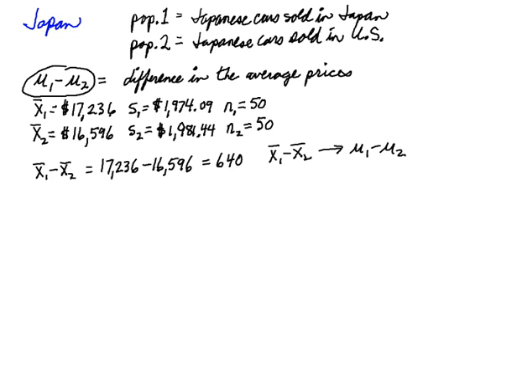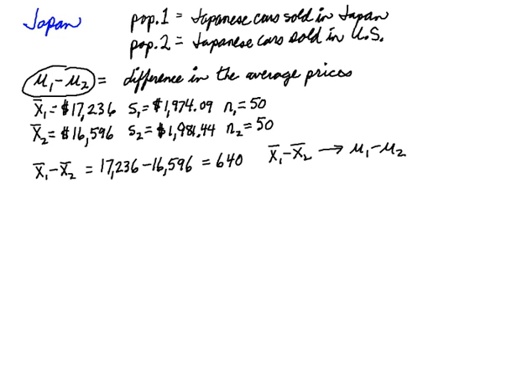Through the sampling distribution we can attach a probability statement to this problem by building a confidence interval. We want to say with 95% confidence how close this $640 is to the real difference in population averages, mu1 minus mu2.